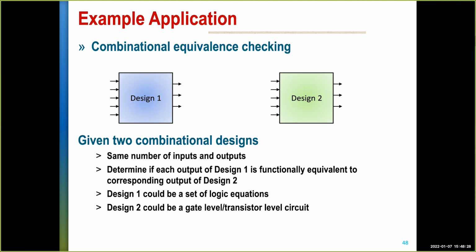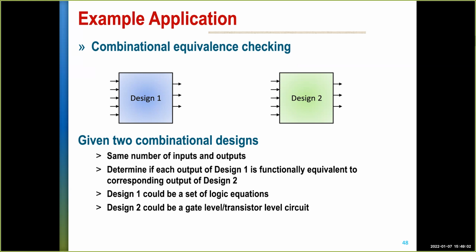So for example, design one could be a set of logic equations, design two could be a gate level circuit, or design one and design two could both be gate level circuits. Maybe one is before a certain kind of optimization, the other is after that optimization. Or design one could be a circuit in which there was maybe some redundancy, and design two could be the circuit after that redundancy has been removed, or maybe some redundancy has been added.